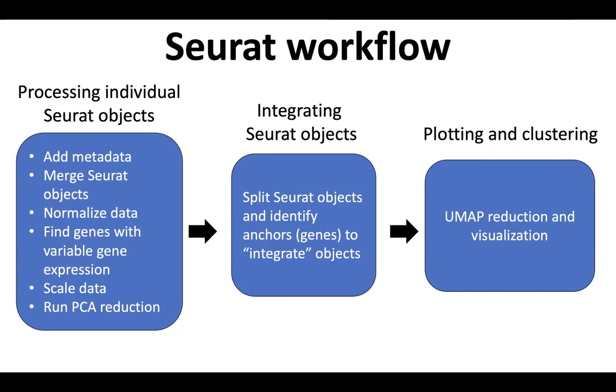We can focus on the gene expression differences that really distinguish different cell types. Then we're going to scale the data, run a linear dimensional reduction first, principal component analysis, and then we're going to integrate our objects.